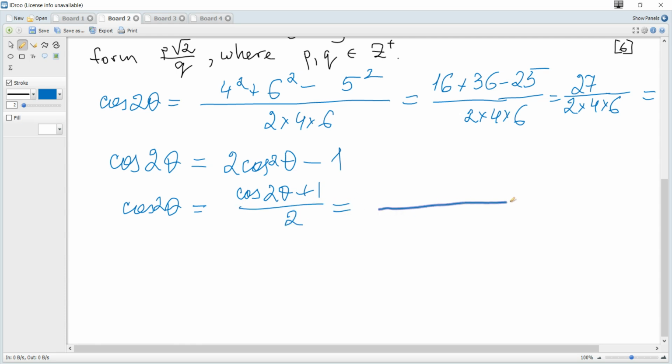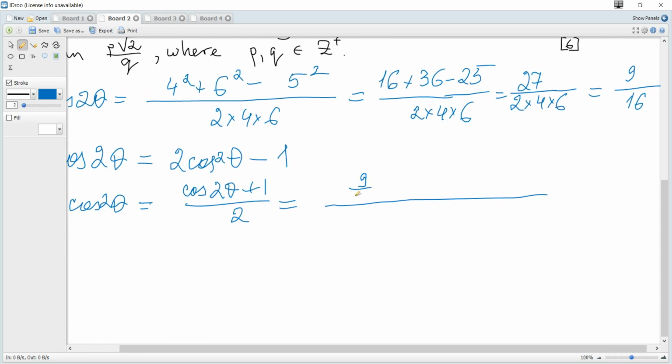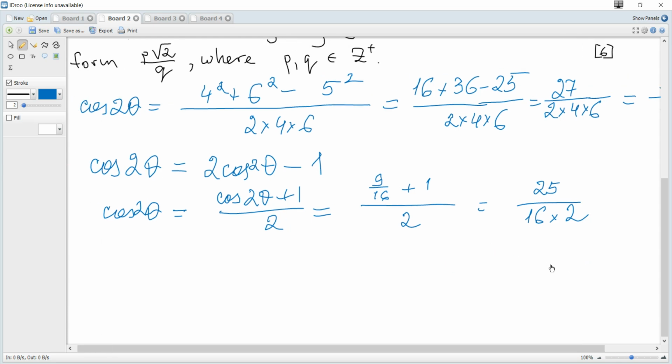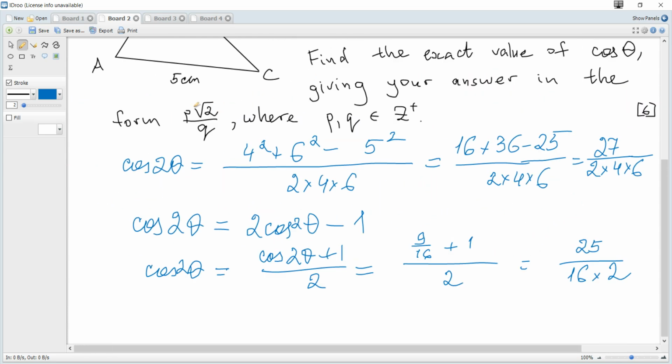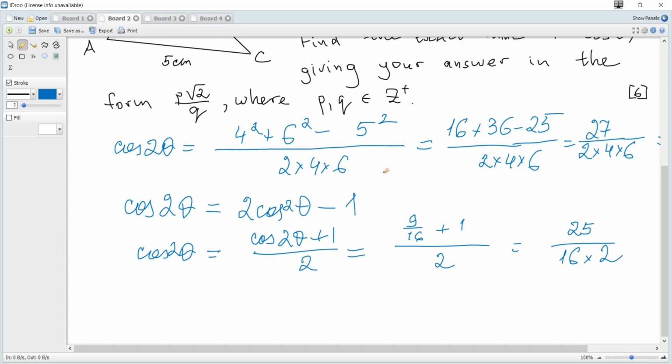And hence it becomes 9 over 16 plus 1 over 2, all over 2. With a common denominator in the numerator, it becomes 25 over 16, and 2 in the denominator. I keep it exact because we need the answer in such an exact form.